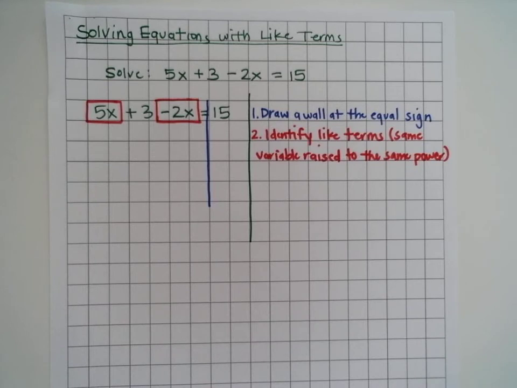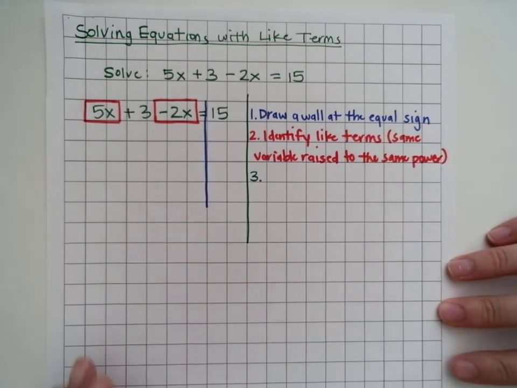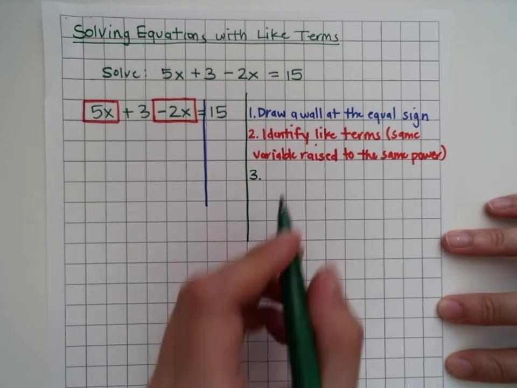Okay, so once we identify our like terms, then we are going to combine like terms on the same side of the wall.